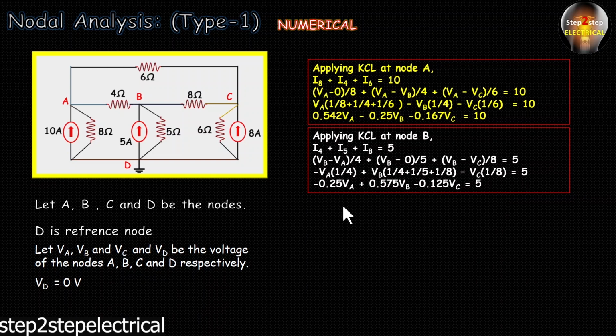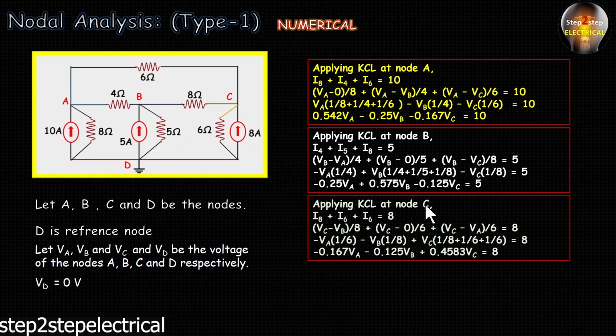Now let's apply KCL at node C. We write I8 plus I6 plus I6 is equal to 8.